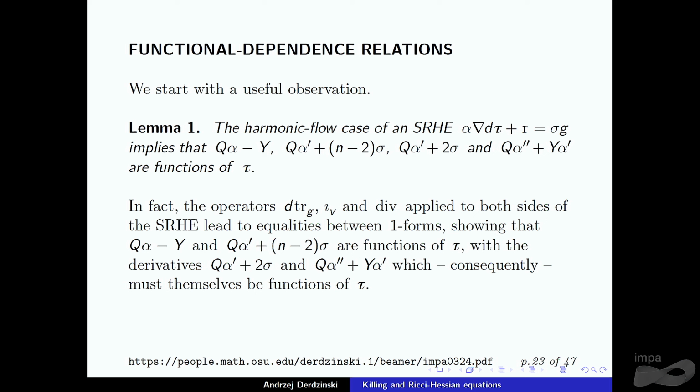And for instance, if you look at the expression here, where there's n-2 next to sigma, and this one, where it's 2 next to sigma, if n is different from 4, it follows that q and sigma are both functions of tau, trivially.